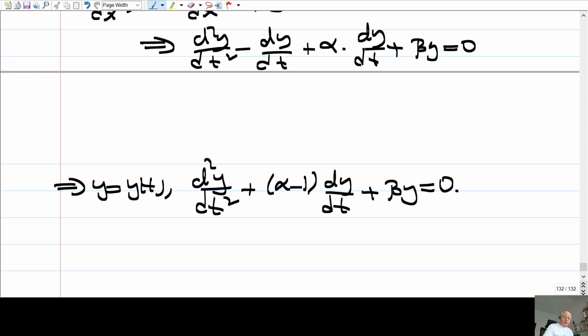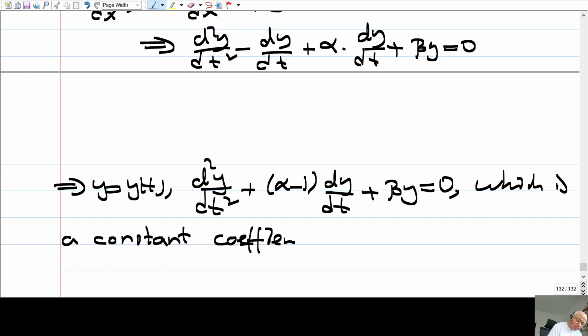You see that now it's a constant coefficient equation, and we know how to solve it, right?